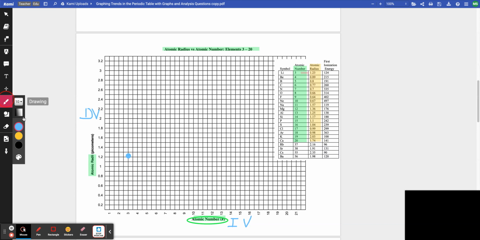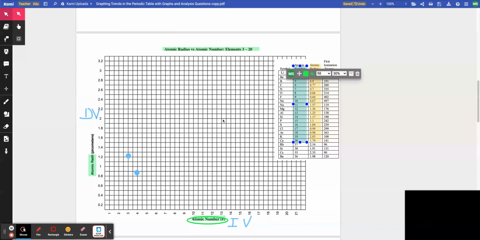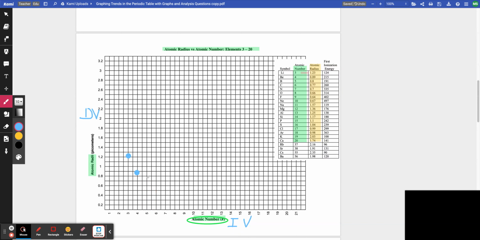Let's put a dot there. Nice. Now let's do 5. 5 is 5 and 0.8. So here's 5, and we're going to go all the way up to 0.8 right there, and put a dot.